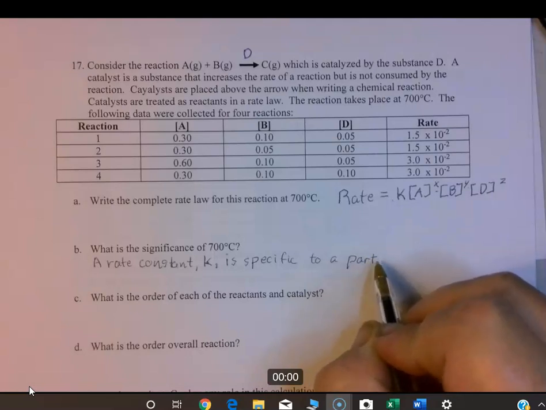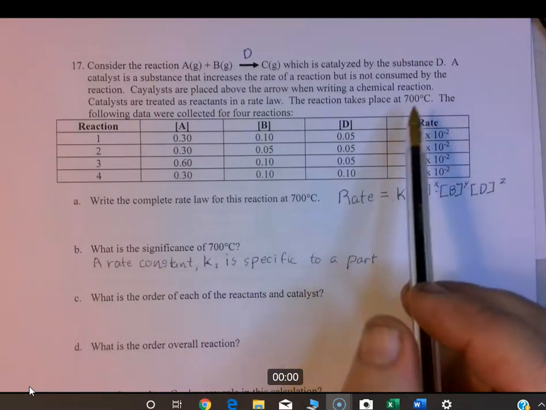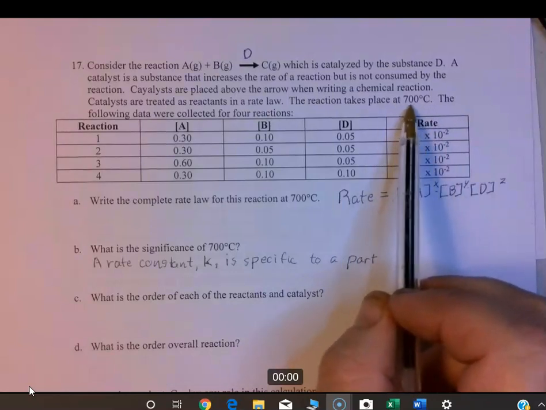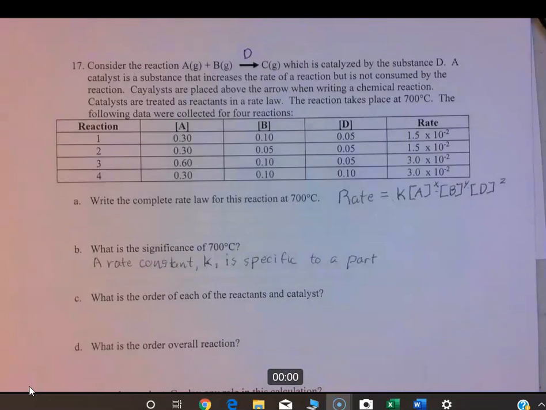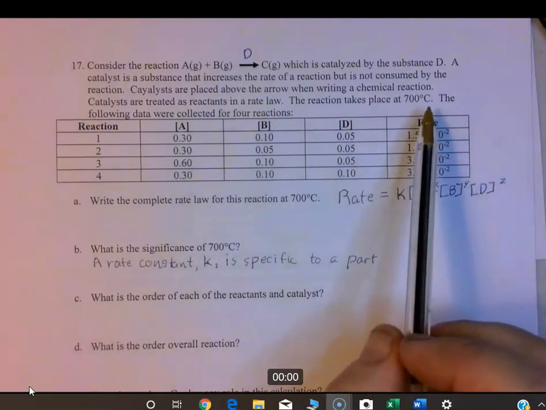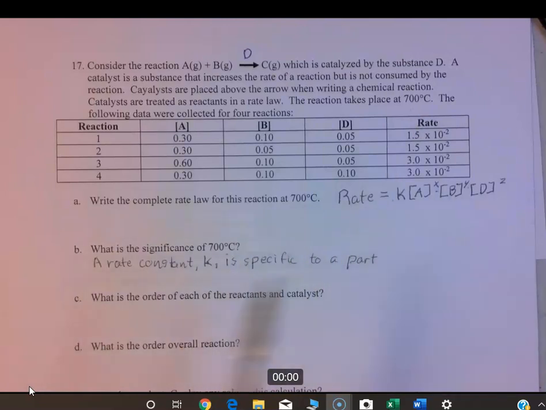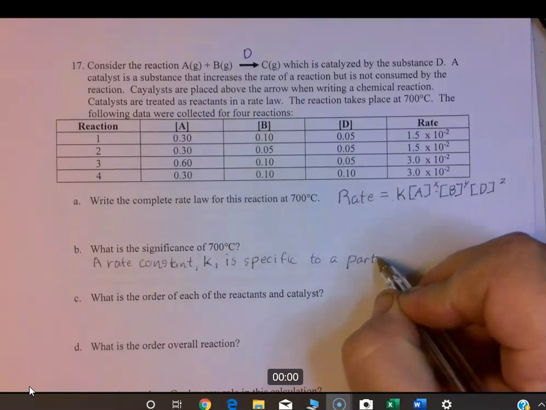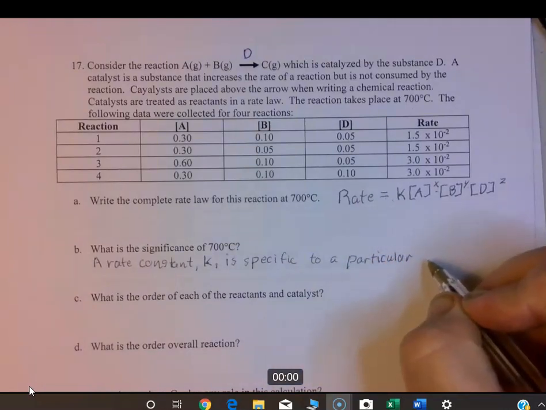If you change the temperature, you're going to change the rate constant K. So the 700 number is not a number we need to use anywhere in this calculation. But what it's saying is that the K is only good at 700 degrees centigrade. It's not good at any other temperature. It would be a different number that we would get. Okay, so I was about to write for a particular temperature.